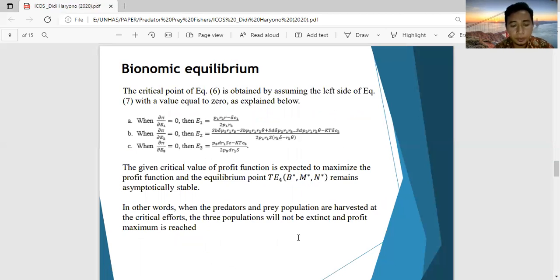The critical point of equation 6 is obtained by setting the left side of equation 7 equal to 0, as shown on this screen.